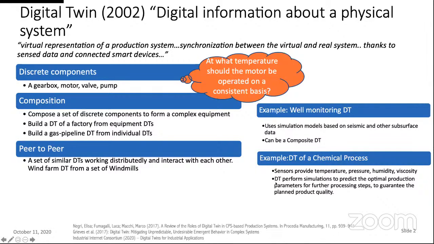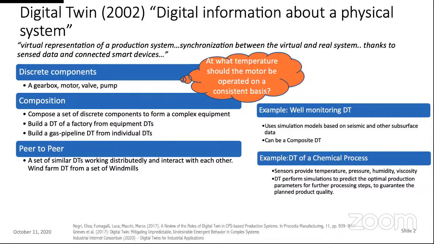In a chemical process, for example, there could be sensors. In this case, the digital twin of a chemical process runs along with the actual physical chemical process, where the digital twin is getting the data from sensors, providing temperature, pressure, etc. As the chemical process is running, the digital twin is also performing simulations from this real data to predict the optimal production parameters.